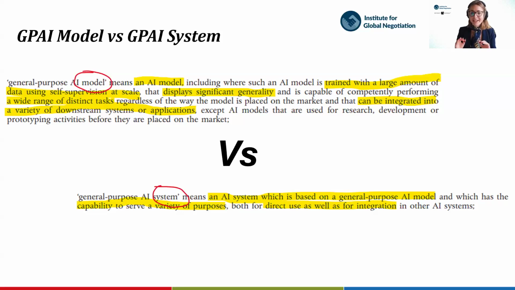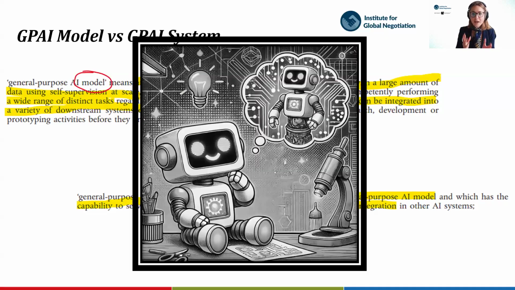Whereas a system can readily be used as is. So it has a nice graphic user interface, and I can type things and things come out. Nice. No computer science degree necessary to use it. So you can think of it as a model that is one day dreaming of becoming a system. That's the idea that we are dealing with here.